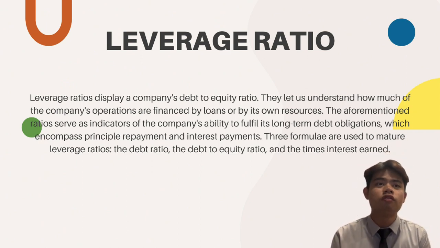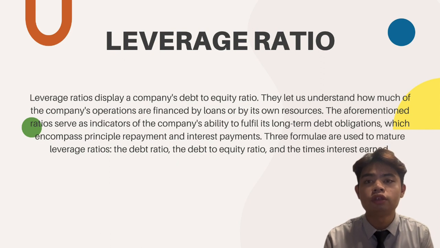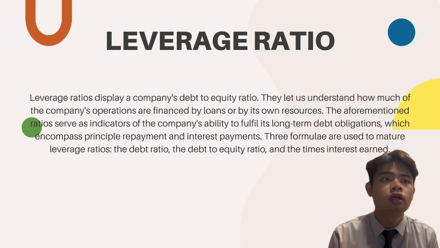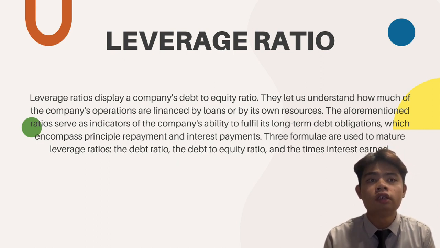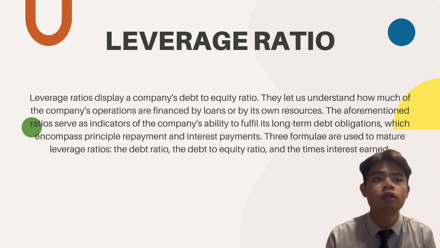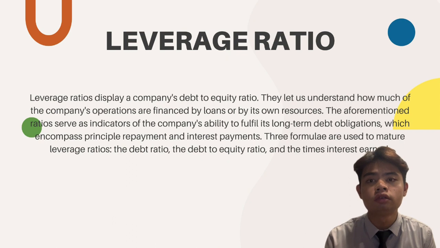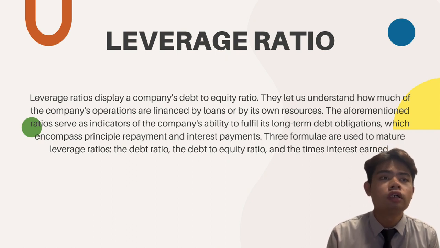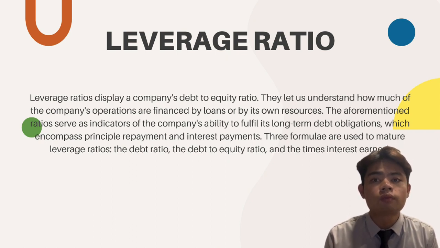So in leverage ratios, there are three parts: debt ratio, the second part, debt to equity ratio, and the last part is times interest earned.